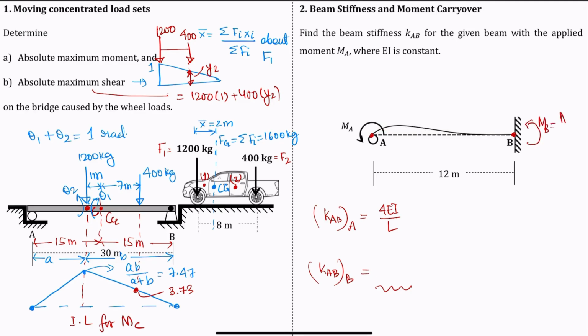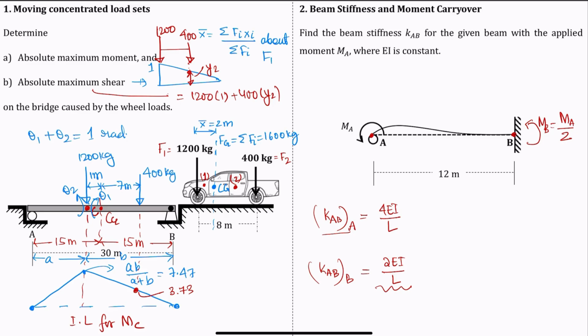That will be equal to MA over 2, which means the moment you apply at joint A will only carry over half of it to joint B. So if the stiffness at joint A is 4EI over L, then the stiffness KAB at joint B will be 2EI over L.